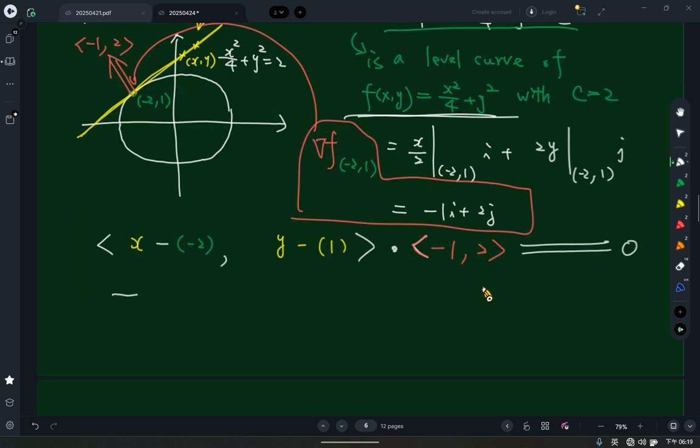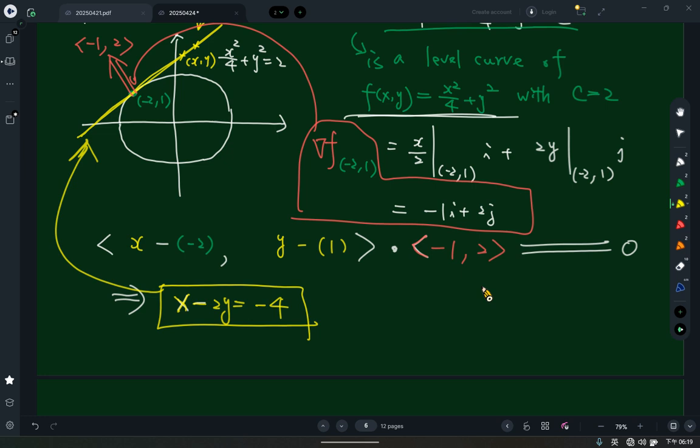So finally, you get x minus 2y is equal to -4. That represents this line.